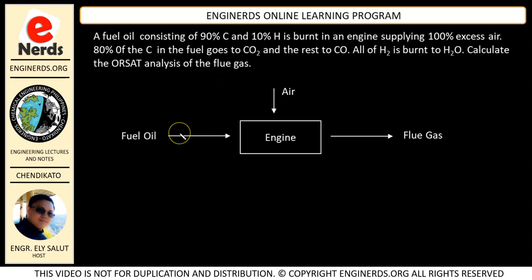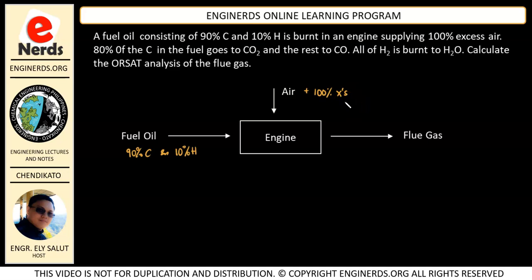So, sabi natin dito sa ating fuel oil, we have 90% carbon and 10% hydrogen, ano? And then we supplied air, okay, with 100% excess. So, we have air plus 100% excess air.